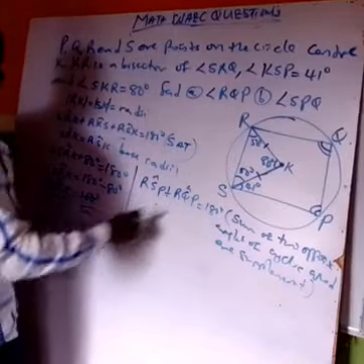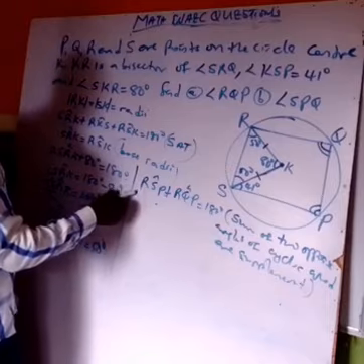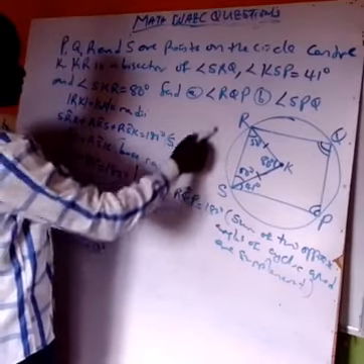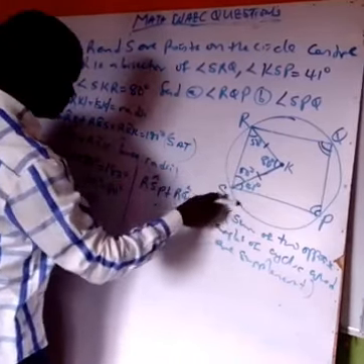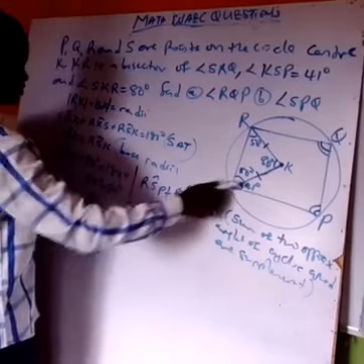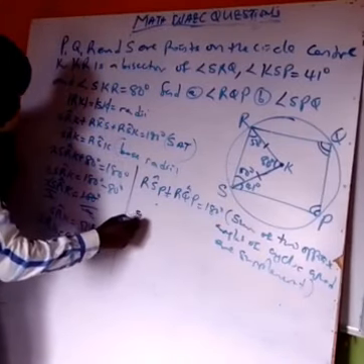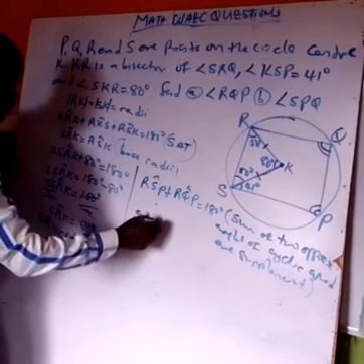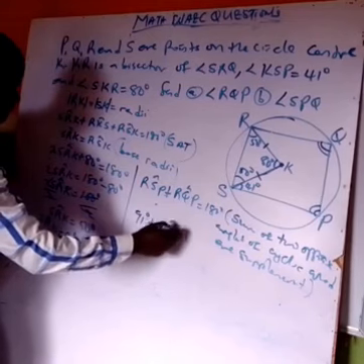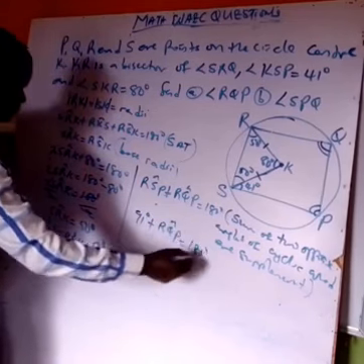Now, what is angle RSP? Angle RSP is these two angles, so that's 50 plus this. So you will have 91 degrees plus RQP equal to 180 degrees.